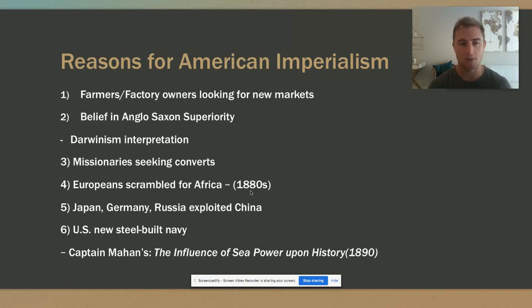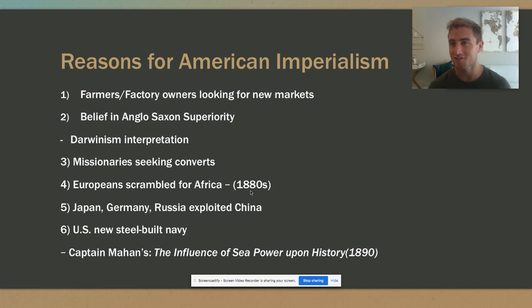Always when you see imperialism, we have missionaries seeking converts. Josiah Strong, one of our outspoken missionaries looking for more converts in the time period. The scramble for Africa, of course, and then the scramble for China as well. That's a big one too. China becomes divided with the spheres of influence in this time period. So lots of international pressure on the United States, where Western Europe especially is starting to take over the world.